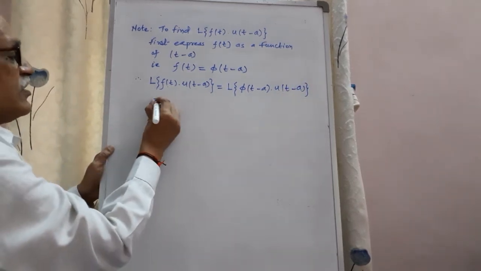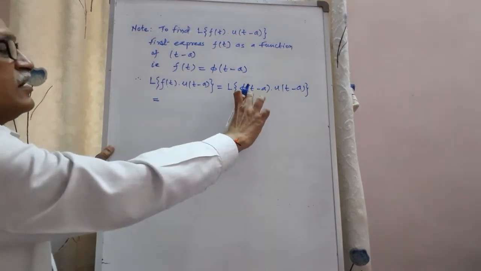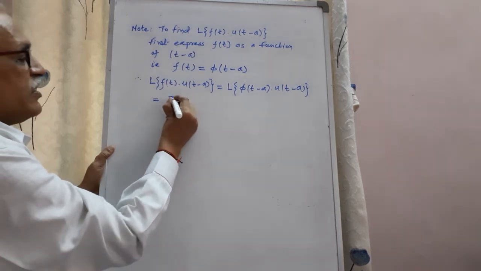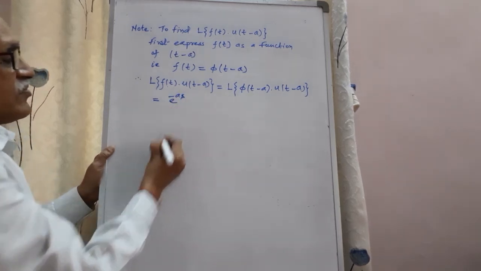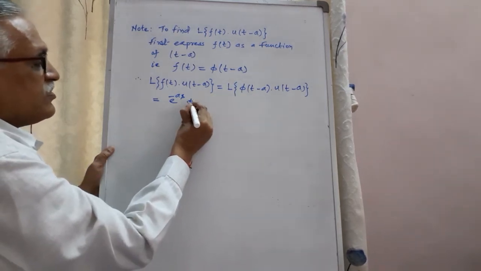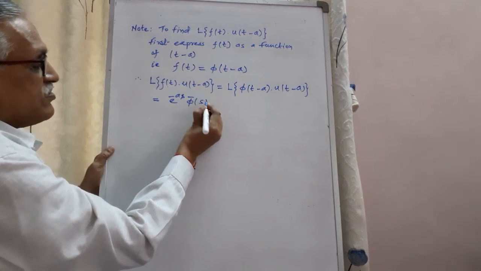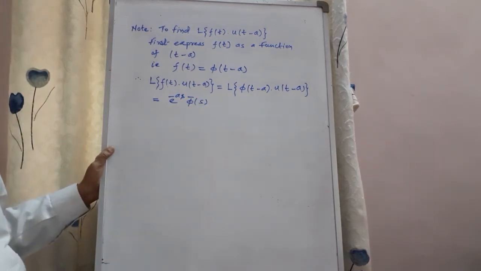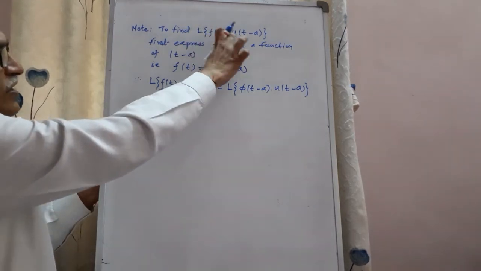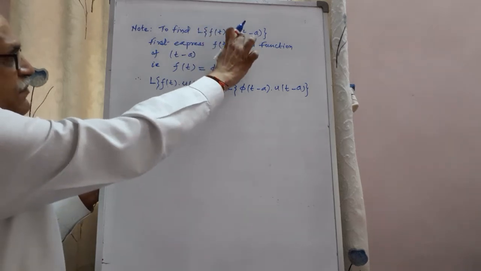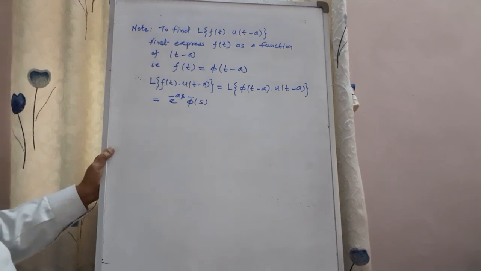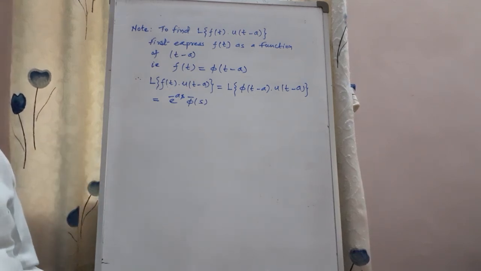As per the last result, this is e raised to minus as into the Laplace of that function, which is phi bar of s. Whenever we need to find the Laplace of this type of product, any continuous function f of t multiplied by a displaced unit step function u of t minus a, we use this method.